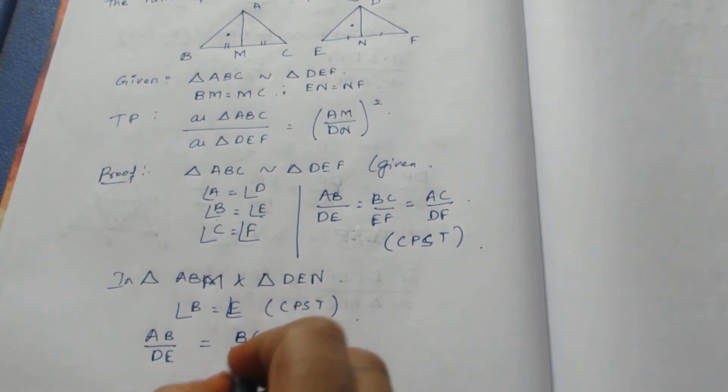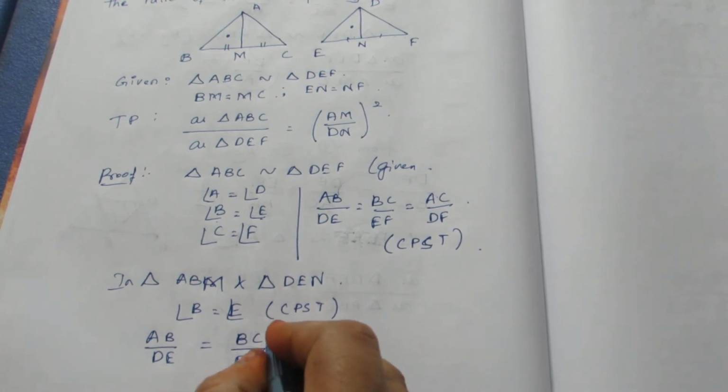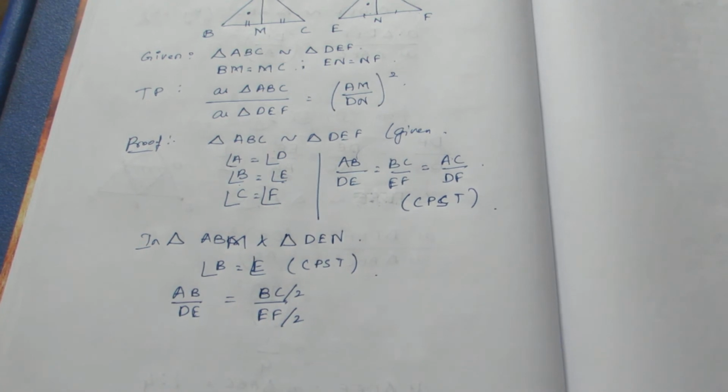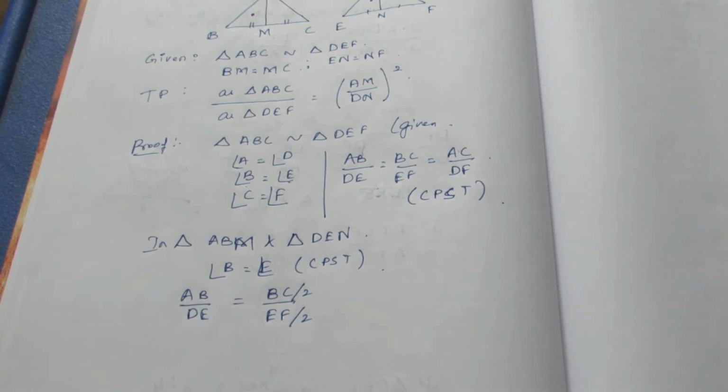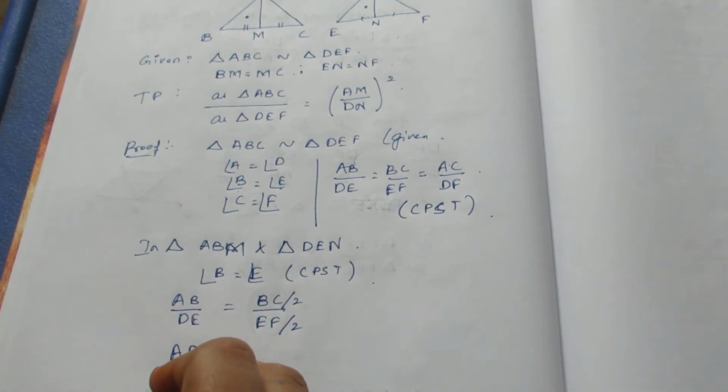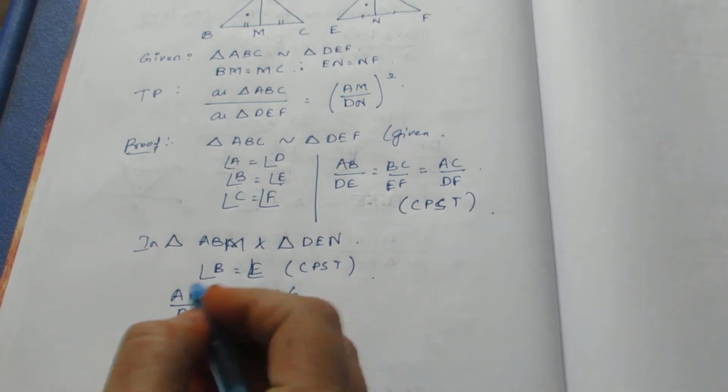BC by EF. Dividing this by 2 on both the numerator as well as the denominator. We can divide or multiply any number with the numerator and also with the denominator. This becomes, as it is a median, we know that it is exactly half of it.